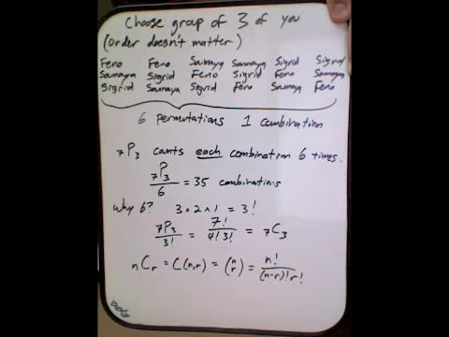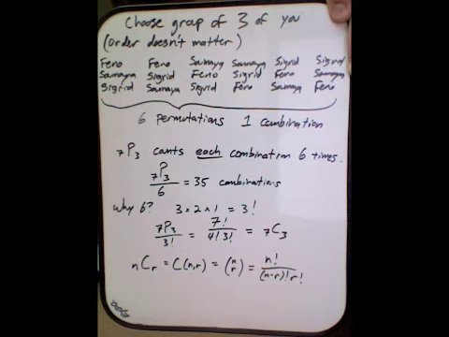It would count each combination of 3 students 6 times, just like this combination was counted 6 times. So if we just divide 7p3 by 6, we get 35, and that's correct. That's the number of groups of 3 that I could form from this class. I could form 35 combinations.